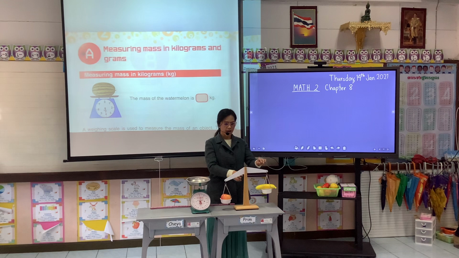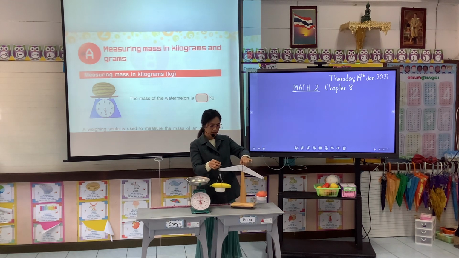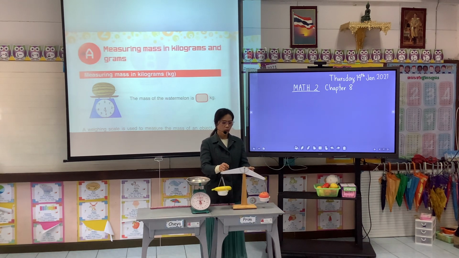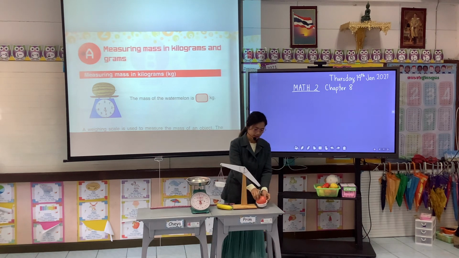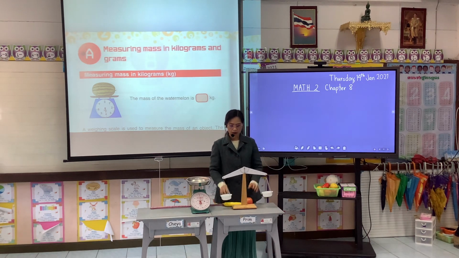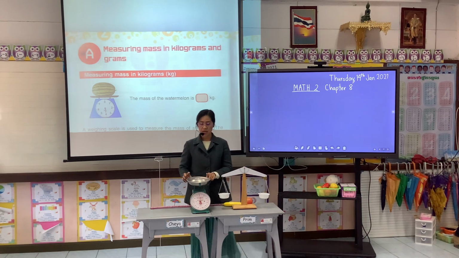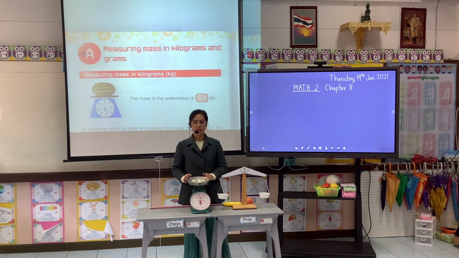This one is what we call an arm balance. This is our arm balance, and this is our weighing scale or kitchen scale. Kitchen scale, because normally we use this in the kitchen when we cook or when we prepare food.